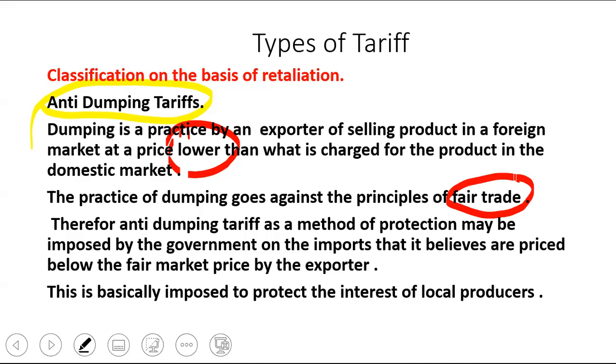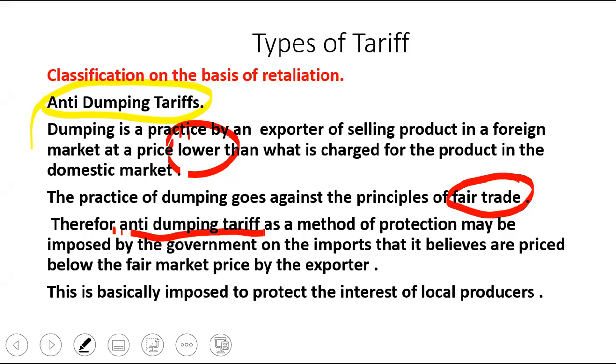Anti-dumping tariff is imposed. What is anti-dumping tariff? In order to stop the dumping, government is imposing anti-dumping tariff. What is the purpose of anti-dumping tariff?